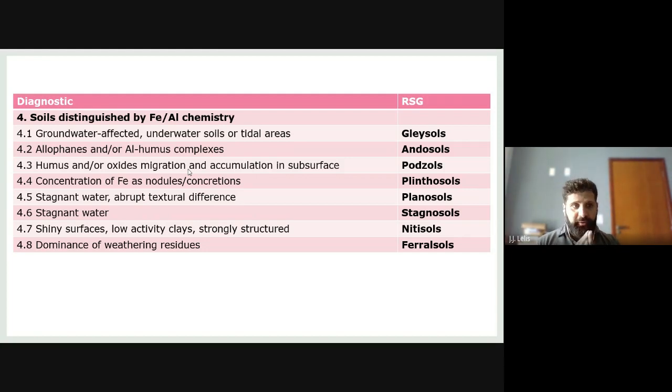They generally are related to a rock layer or a C horizon or a C layer that possesses a very low porosity. And because of that, the water starts to stagnate in the surface or even in a subsurface horizon, and we start to create some reduximorphic features in the soils.